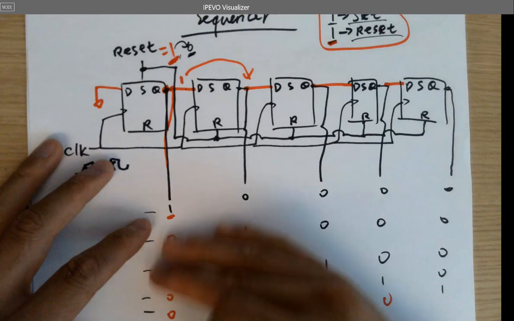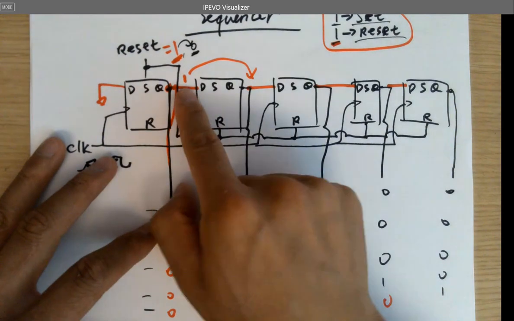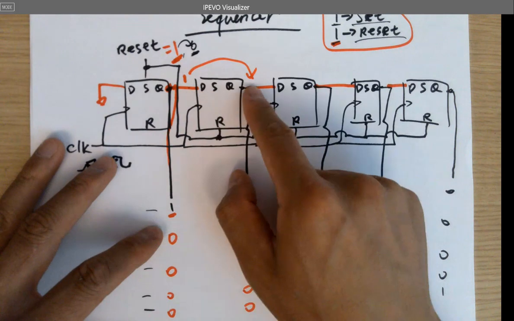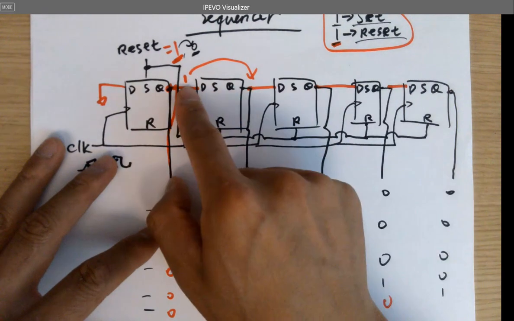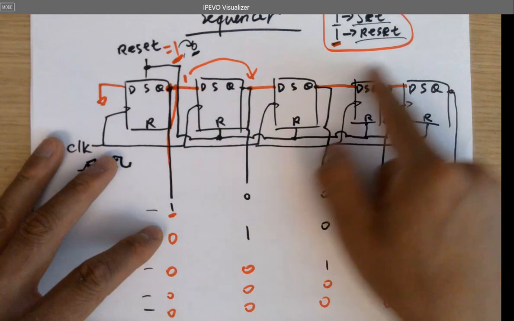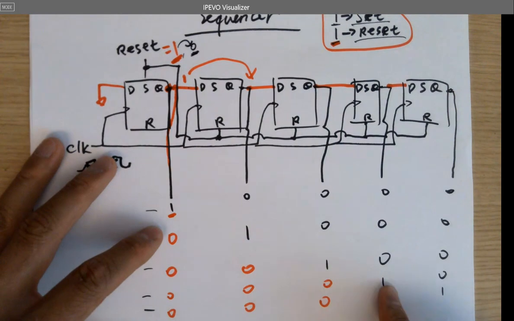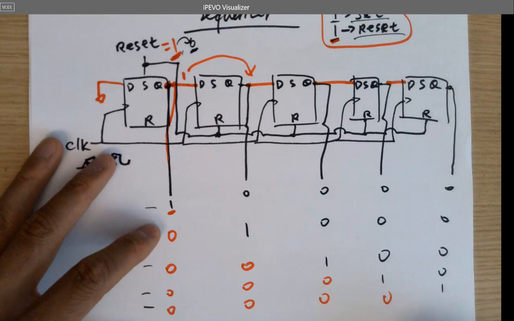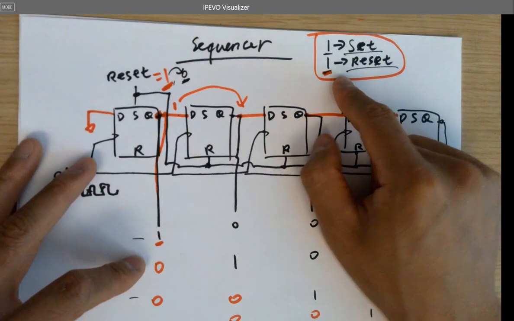So for all the rest of them, that one will be able to shift it to the right because it's being registered to the Qs. And every time the 1 will be shifted here, shifted here, shifted here. Okay? So what happens when the 1 gets written? It's resetting it. So you're getting a 0 for the Q.